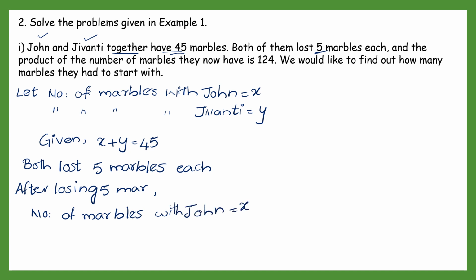So we should subtract. Initially he has X, so we subtract 5 now. X minus 5. After losing 5 marbles, the number of marbles with Jivanti is what? Jivanti initially has Y marbles. After losing 5 marbles means Y minus 5.